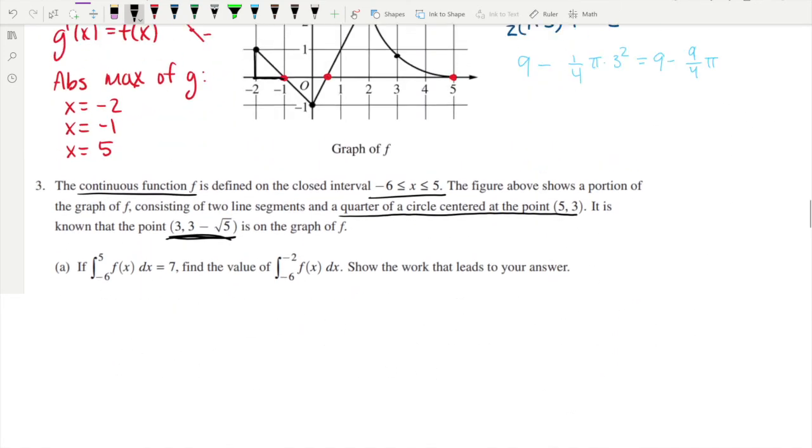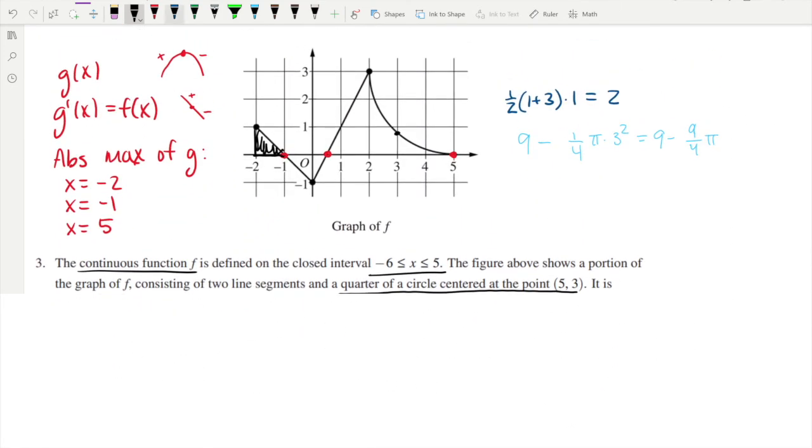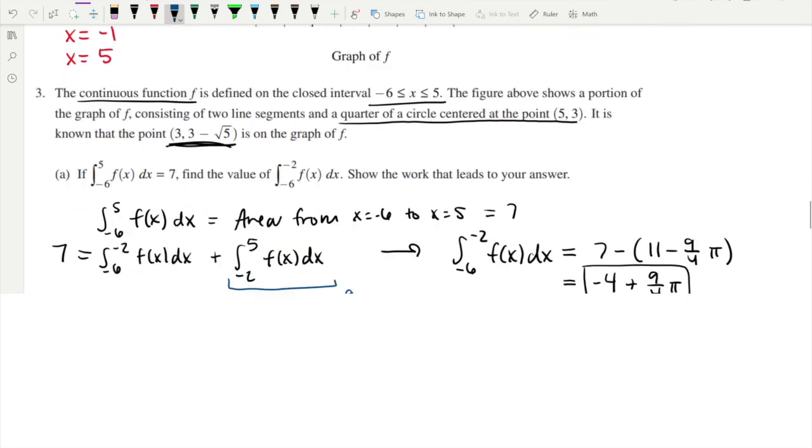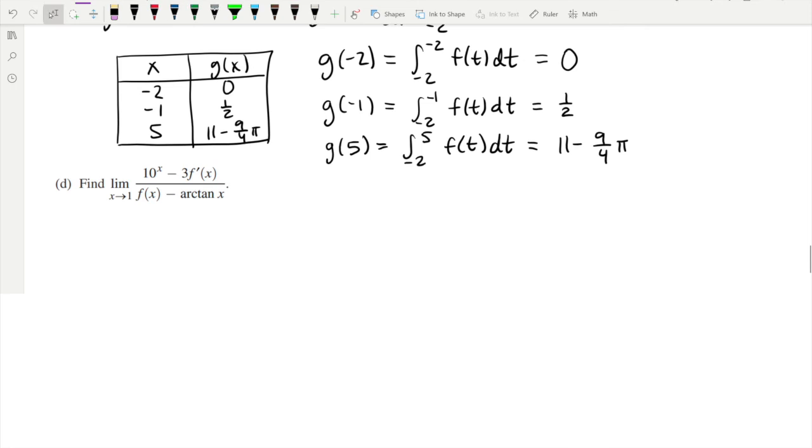If you look at the graph, you can tell 1/2 is smaller than the area that we had computed. This blue area was where this 11 minus 9/4 pi came in. That blue area is bigger. So this number here is going to be our maximum value.